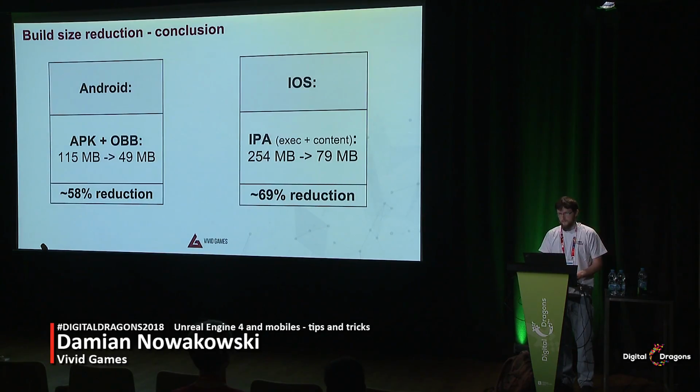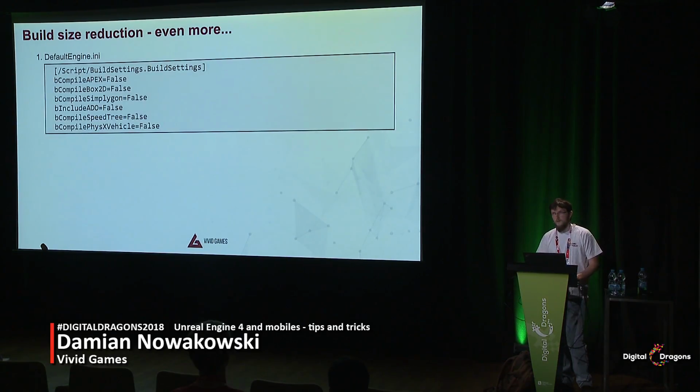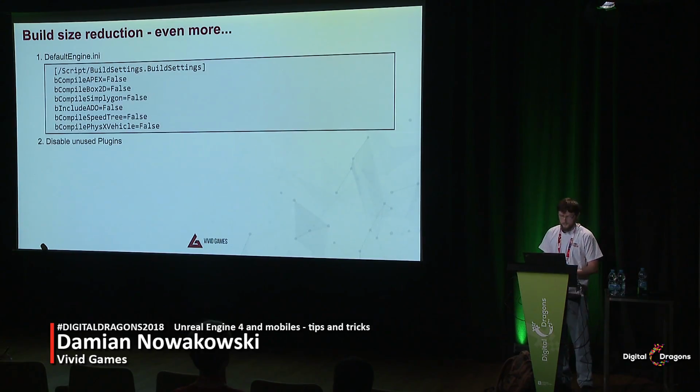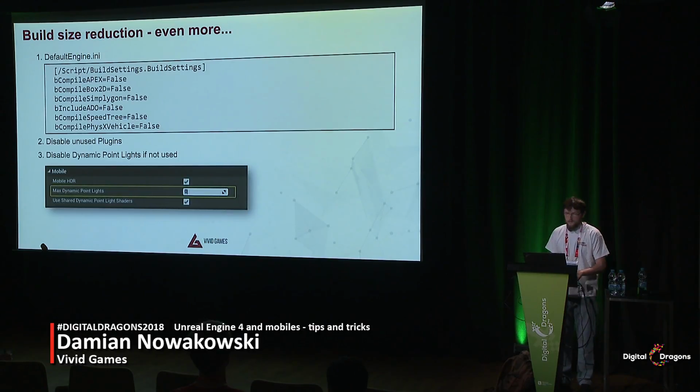If you want to reduce the size even more, you can disable the specific elements and parts of the engine using the configuration file. You can disable the plugins that you are not using, or if you are not using the dynamic point lights in your game, just set it up in settings to 0.